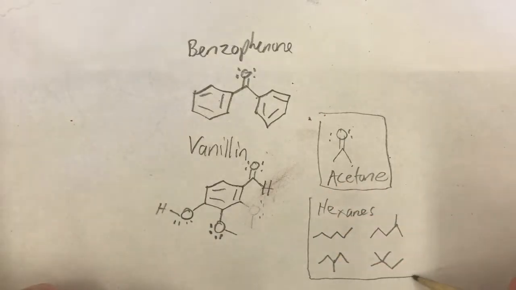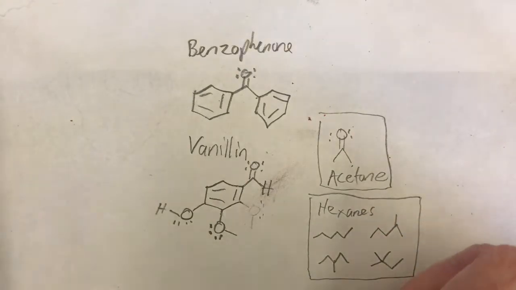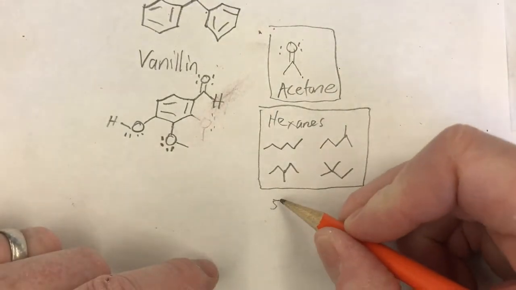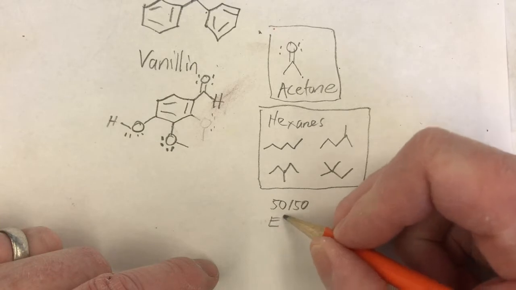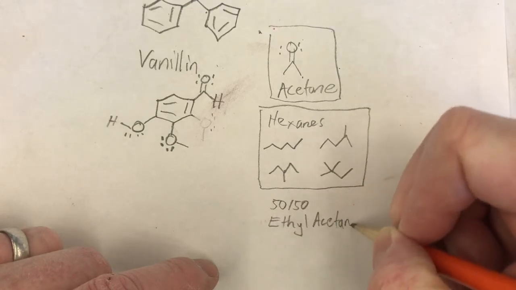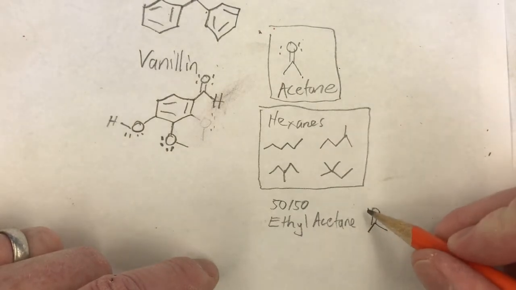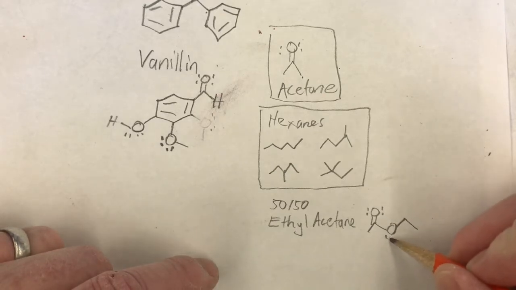We got hexanes. And then the final one we're going to use is a combo one. It's a 50-50 mixture of ethyl acetate, which is the following ester. It's looking like it could be acetic acid so far, but we put the ethyl on there, it's an ester.